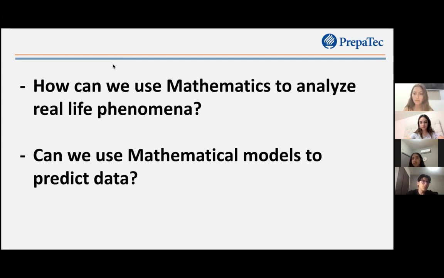The first question says, how can we use mathematics to analyze real-life phenomena? Well, we think that mathematics is a very useful way to analyze real-life phenomena like scales in earthquakes, climate, natural disasters, or like in this case, the temperature.